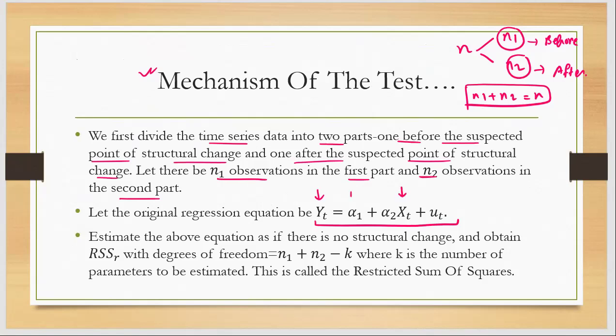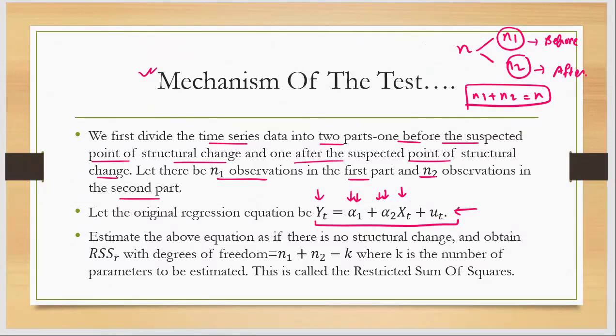We have two different parameters that we need to estimate, alpha 1 and alpha 2. What we are trying to do is see whether this single original regression equation is enough to model the entire variation of the output variable, or we need two different regression equations depending on the values of the structural parameters.